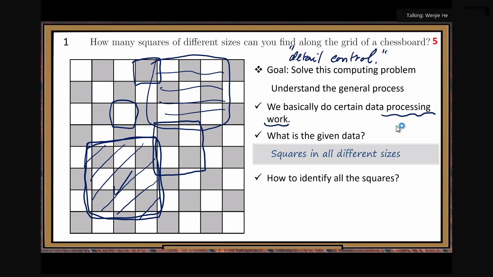It's not like the more details you use, the better. Not like that. Because here, there is also the color detail. Some squares are white, some squares black, or gray.